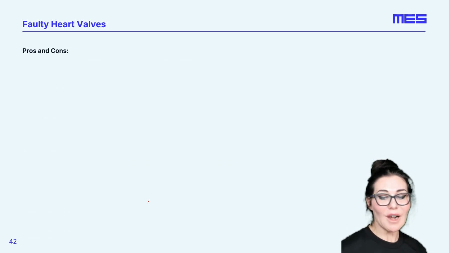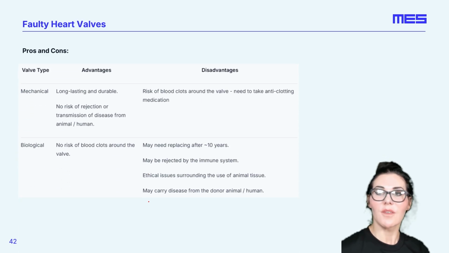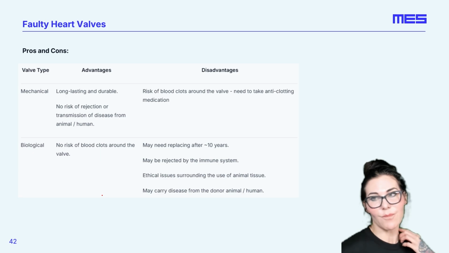Again, we need to evaluate what's good, what's bad, the pros and the cons. Again, another one of those longer questions you might get asked. Advantages to the mechanical valve is that they are much more long-lasting and durable, so they don't get damaged very easily. And you're not going to risk transferring infection from an animal or another human into the person who's receiving them.